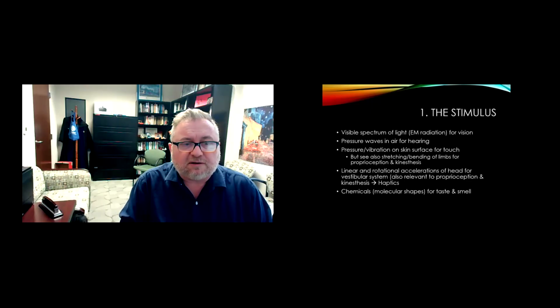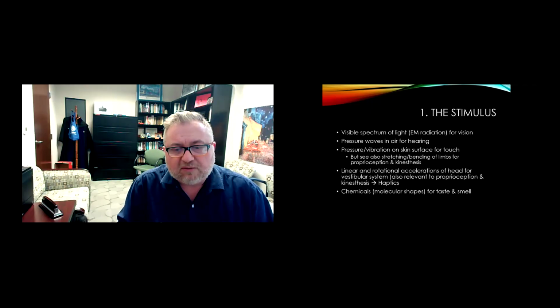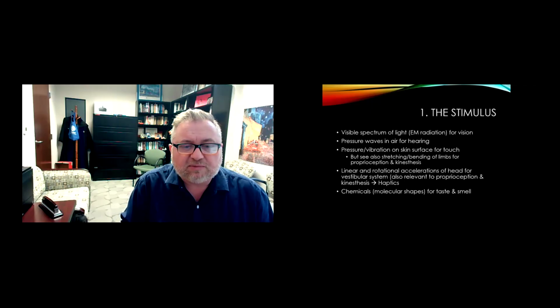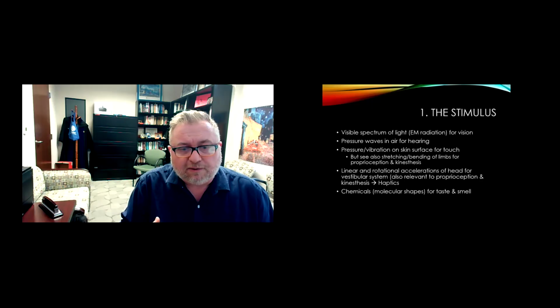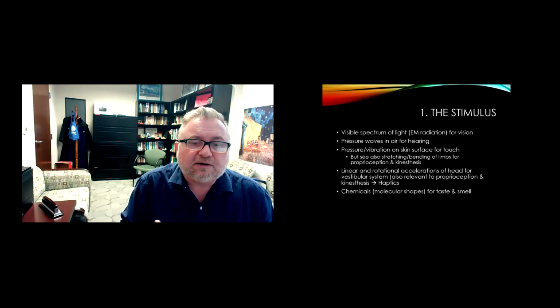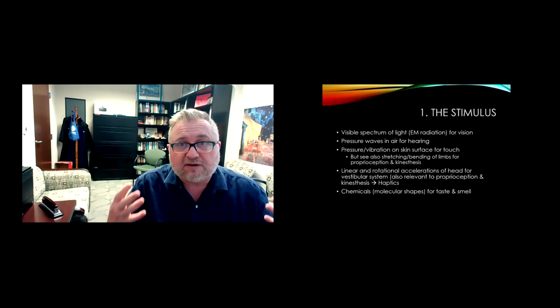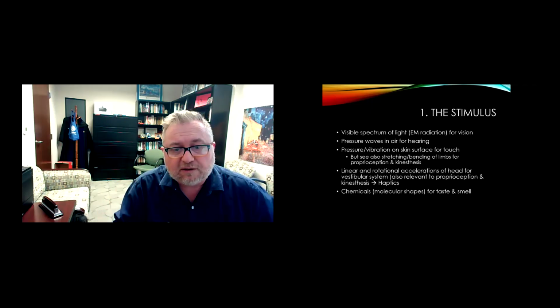There's also our sense of the vestibular system. We usually think of this as your sense of balance, the vestibular system. But I think better, the vestibular system should be thought of as an accelerometer. What's happening is that it detects both linear and rotational accelerations, primarily of the head, since these organs are in our inner ear within the head.